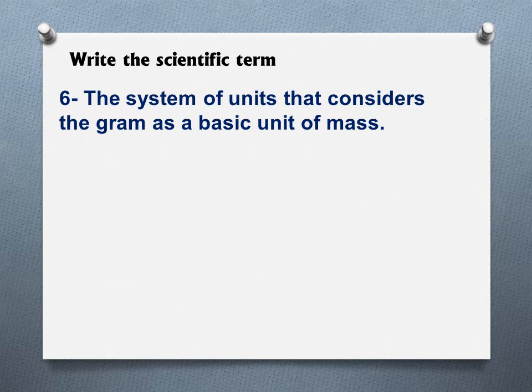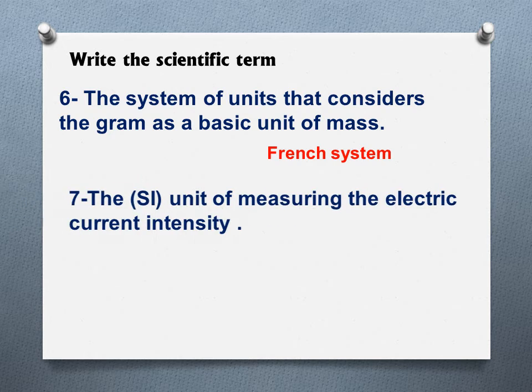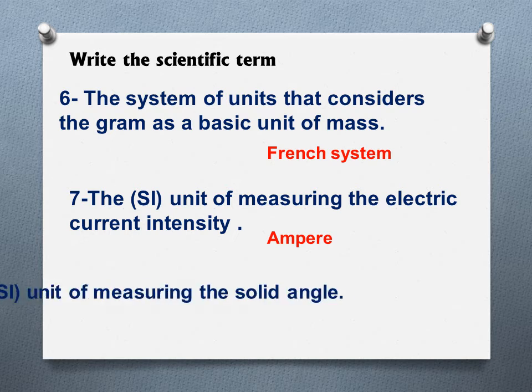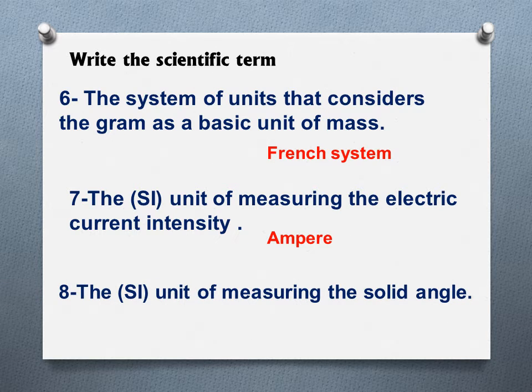The system of units that considers the gram as a basic unit of mass, it is the French system. The SI unit of measuring the electric current intensity is ampere. The SI unit of measuring the solid angle is steradian.